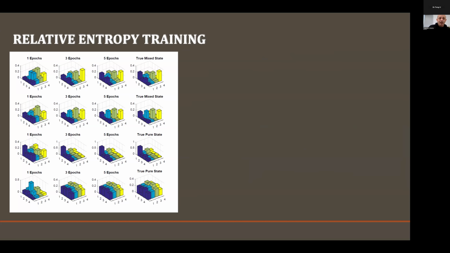These are some mixed states, and I've given you the standard bar plots of the density matrix corresponding to it. And these are the absolute values squared, I believe, of the individual components. But the key point here is that after only about 5 training epochs, starting with a random state, we end up with a density matrix that's visibly indistinguishable from the true states in all of these different cases for the 2-qubit examples that I've got here.